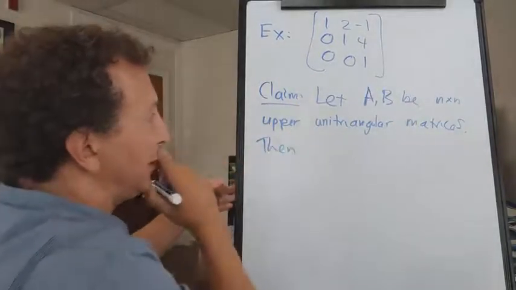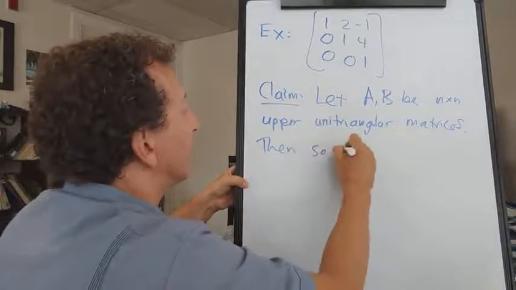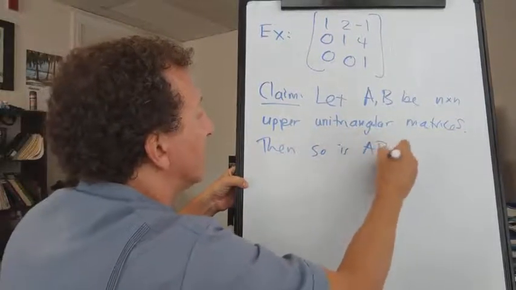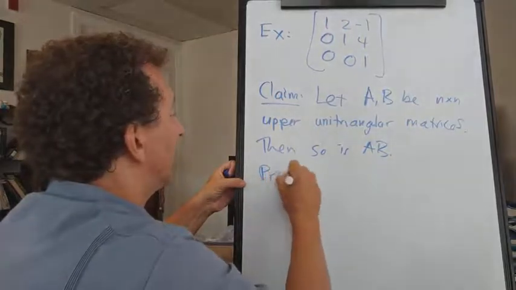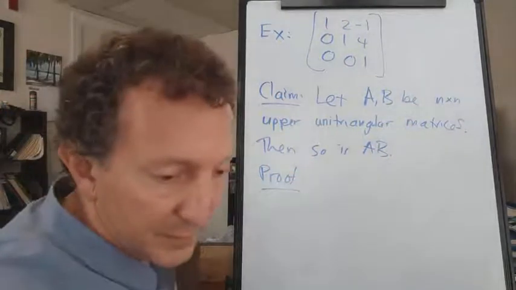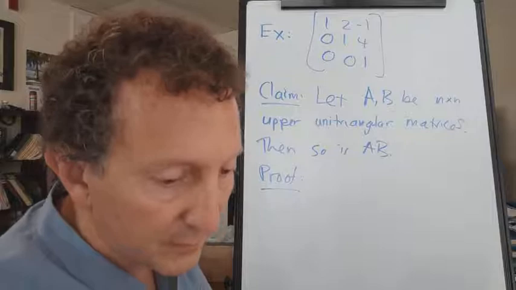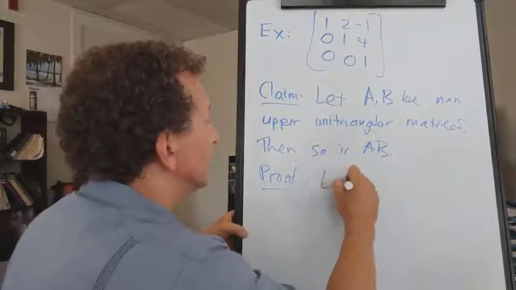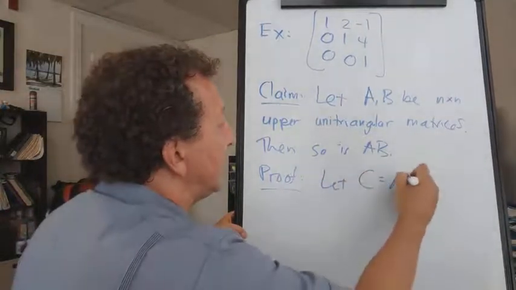So if A and B are upper unitriangular, then so is AB. So let C be AB.